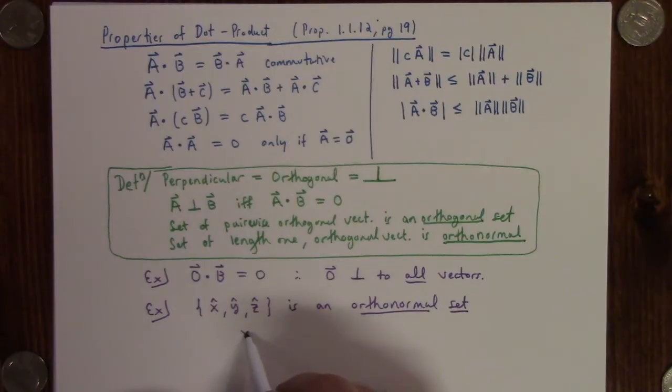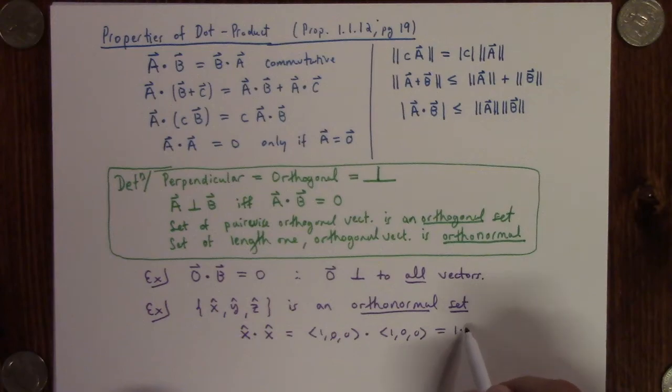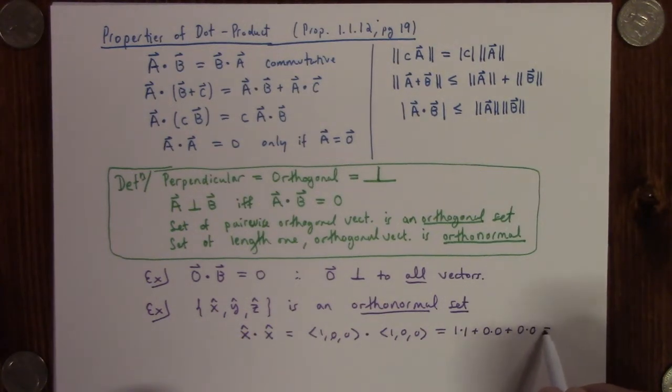Because if we look at x hat dot x hat, that would be 1, 0, 0 dotted with 1, 0, 0, which is 1 times 1 plus 0 times 0 plus 0 times 0, which is equal to 1. So that means that x hat has length 1.